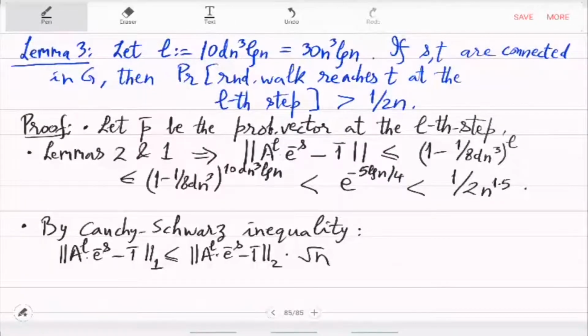The one norm is related to the Euclidean norm by a square root n factor, the number of coordinates. So that is still less than 1 over 2n.